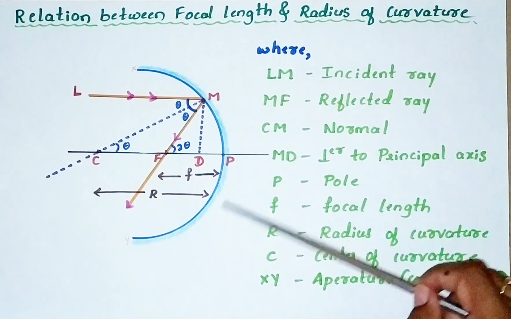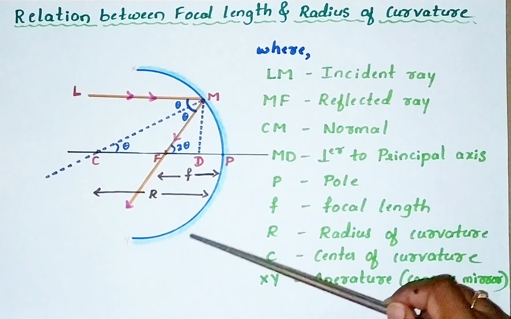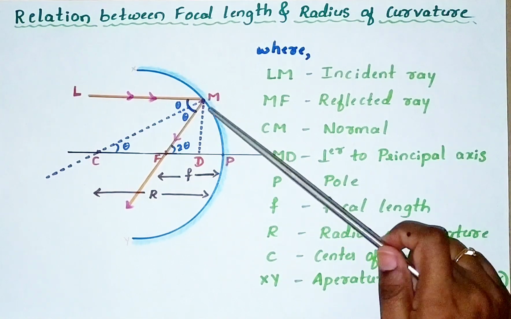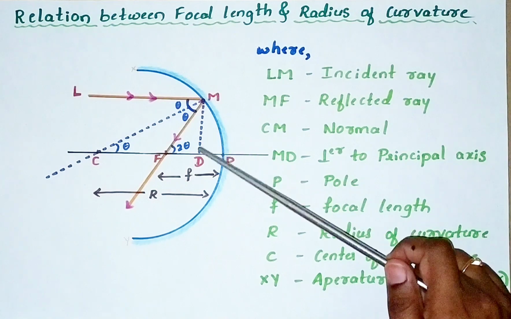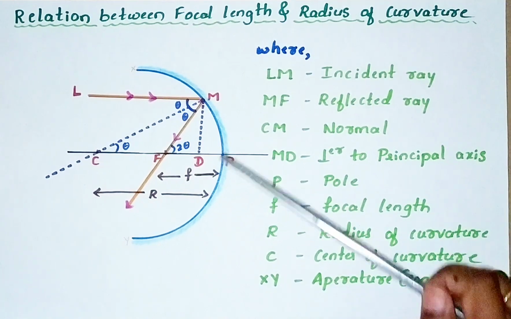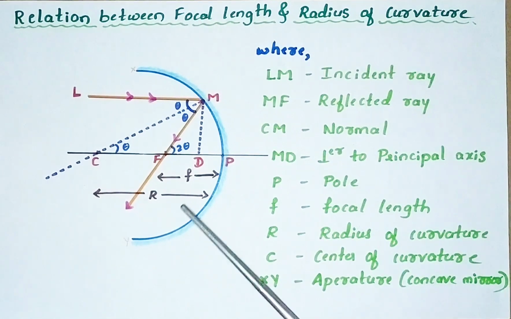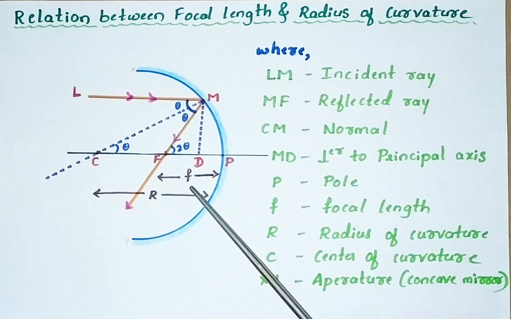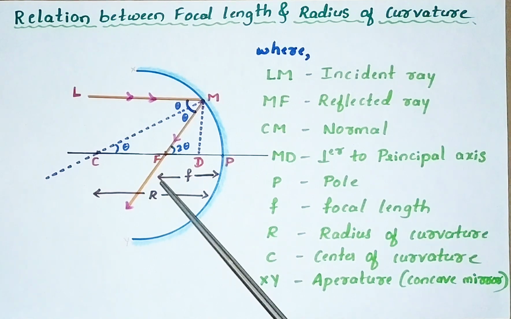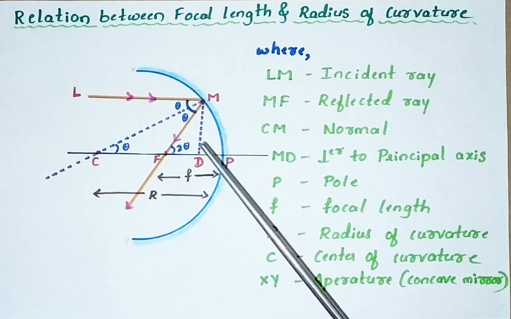This is a spherical mirror, and it is very difficult to get the angle. For that reason we draw the line MD, which is perpendicular to the principal axis and very close to pole P. Then F indicates the focal length, that is the distance between pole and principal focus. So this is all about the ray diagram.